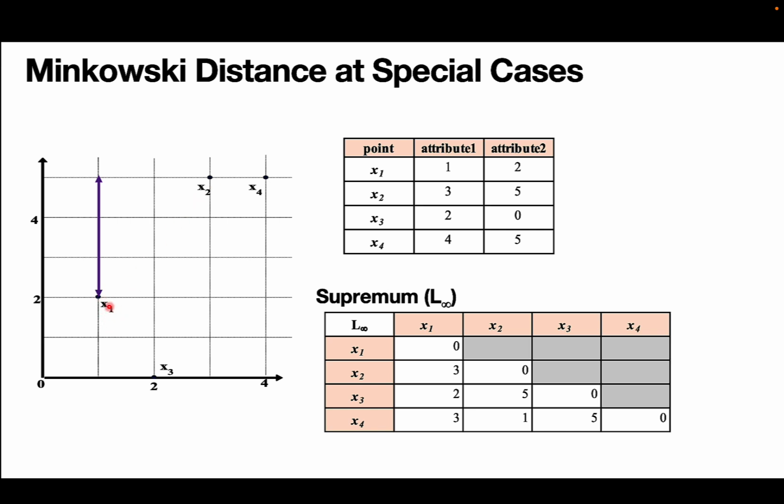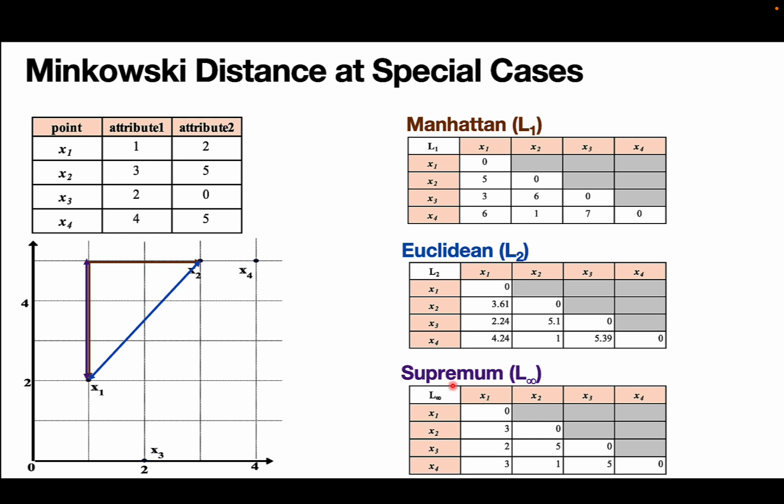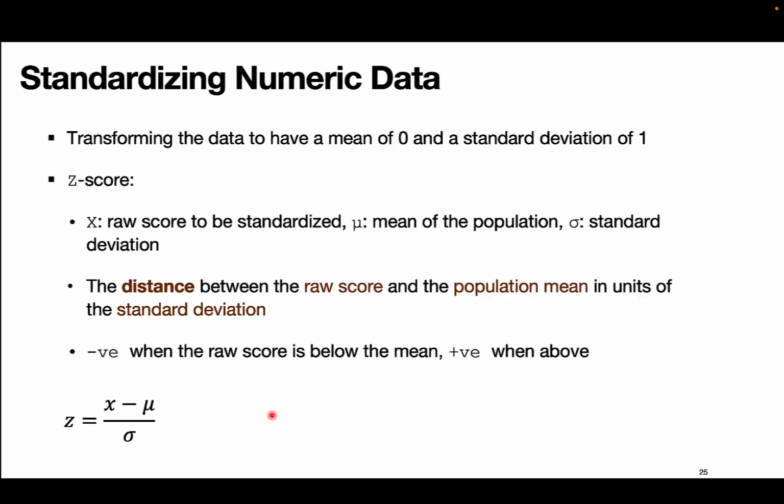As you can see, the maximum across these dimensions is a 3, which is larger than 2, so it picked up 3. Finally, in this slide, we summarize all the special cases, and you can see the distance between x1 and x2 in L1, L2, and L infinity.